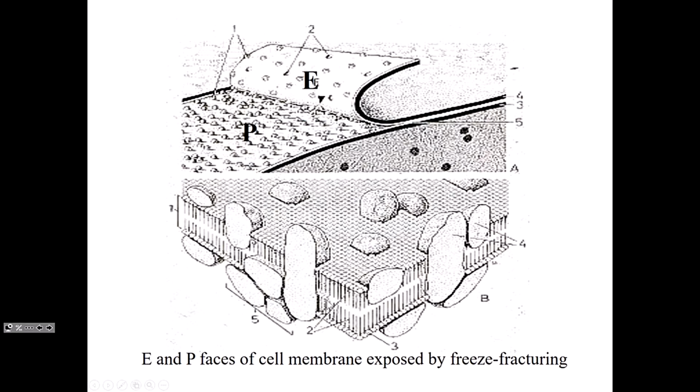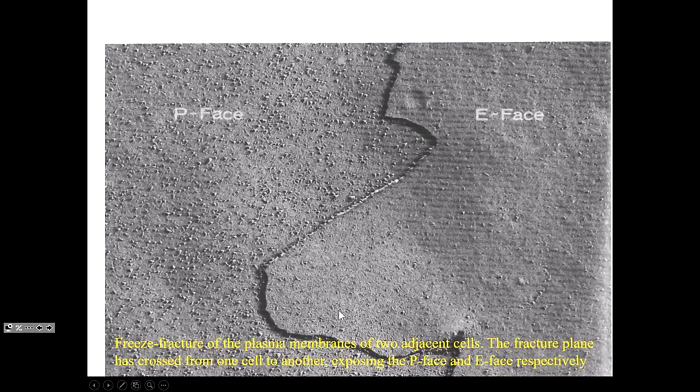So again, in here we can see protoplasmic face proteins that are embedded within this lipid bilayer. So that just helps us look at the surface topography, if you like, of certain proteins that may be embedded within the plasma membrane, the E face and the P face. So here you can see P face and E face, you can see these proteins that are embedded in these lipid bilayers of both of these faces shown here.